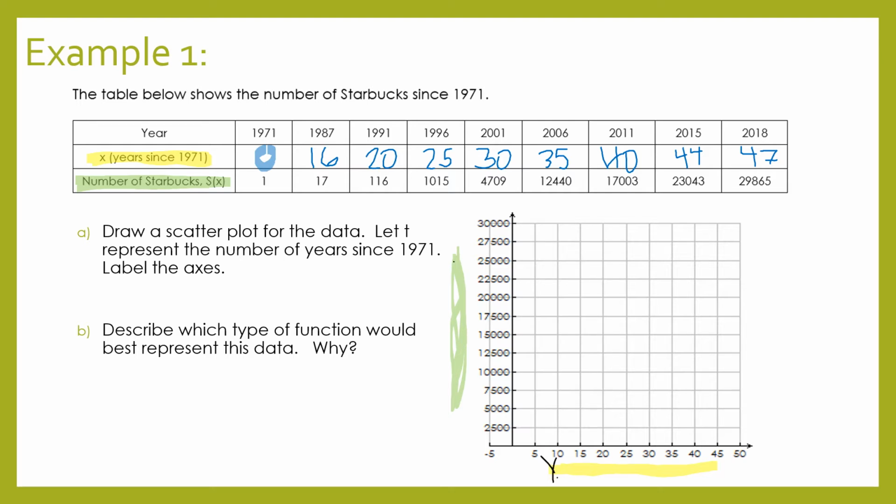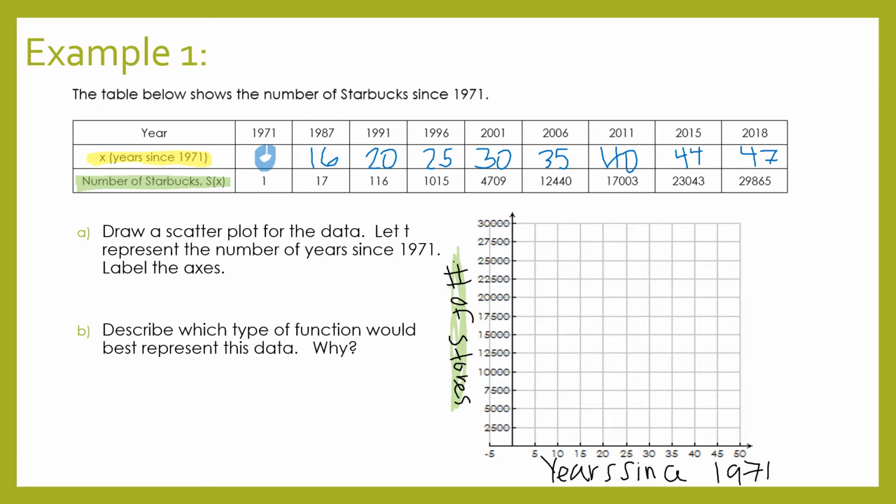Years since 1971, and then again, number of stores on the y-axis. All right, so I'm going to do my best to graph these. It looks like 9 points right now.